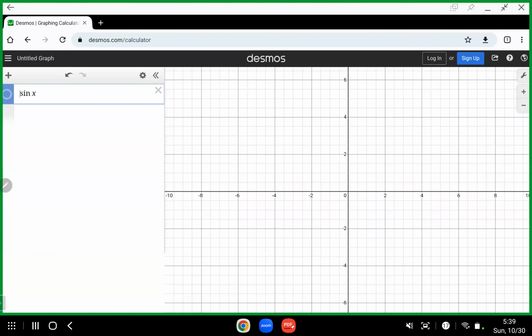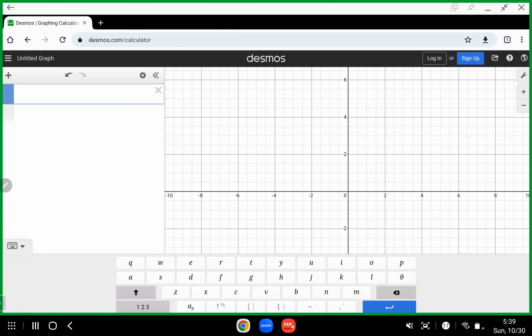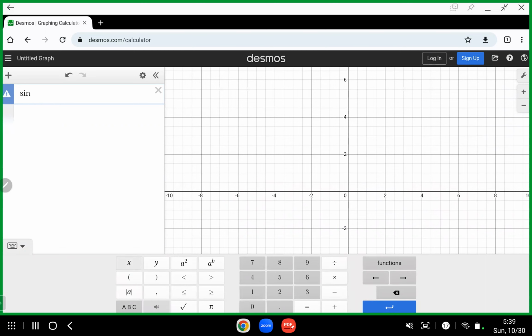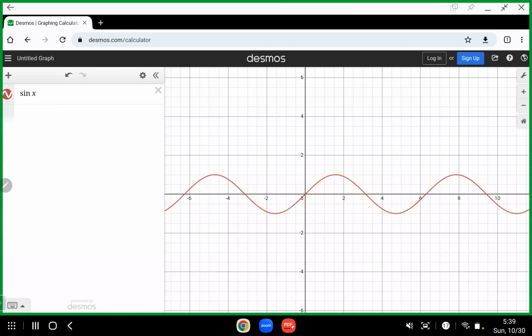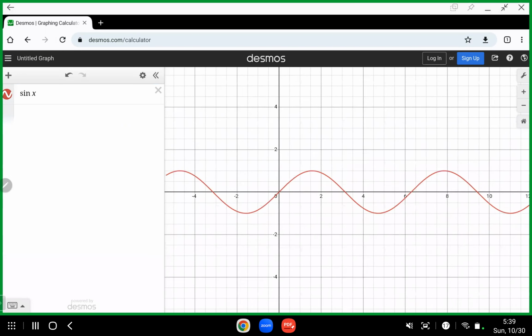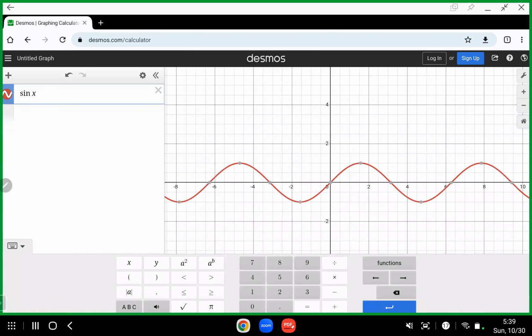I'm just going to use this sine graph because it kind of looks like our demonstration graph, right? Kind of squiggly. It's trigonometry, so we won't learn it, but it's a good demonstration. Let's say we add a to this.